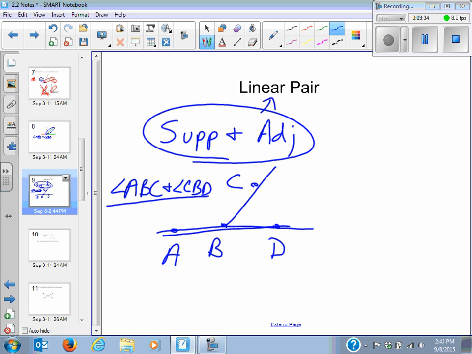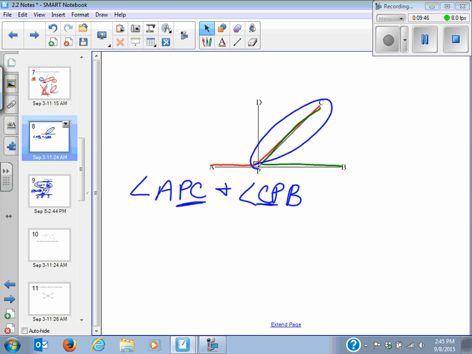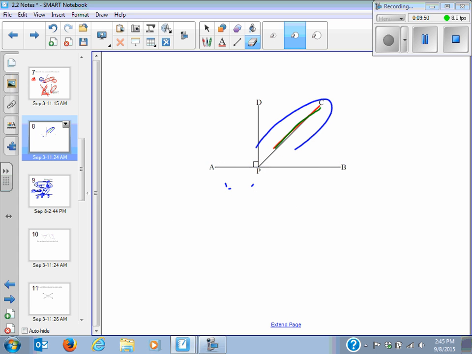They're supplementary because they add up to that 180 degrees. They are adjacent because they share a common side. When you get those two ideas together, it is called a linear pair. So actually, the examples that we did all before, all of these guys, I'll erase this, all those examples up here that I did before were examples of a linear pair.